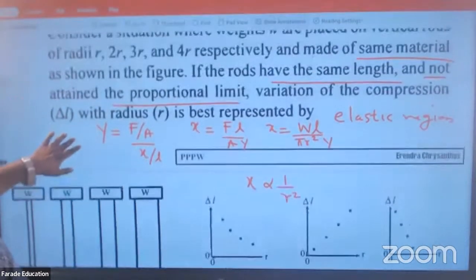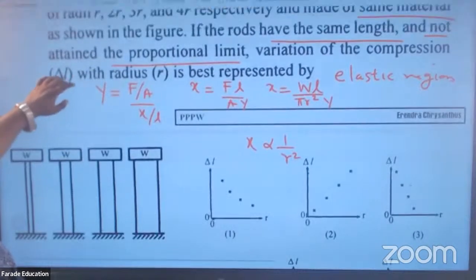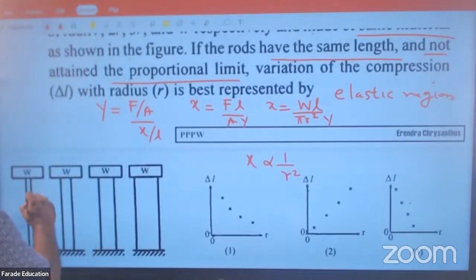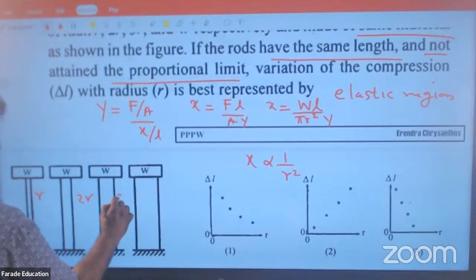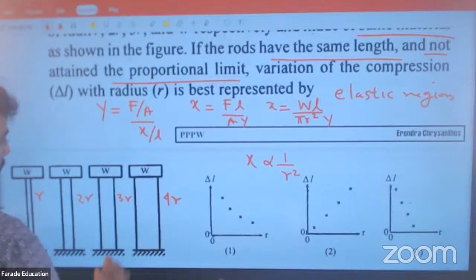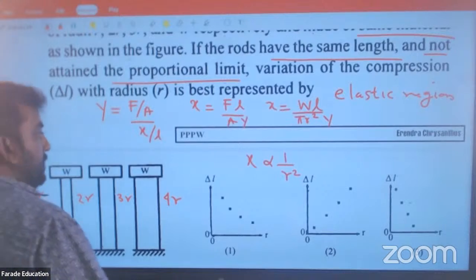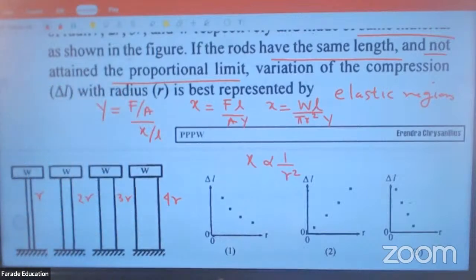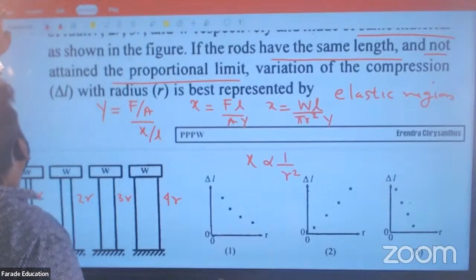Look at this carefully. What are the radiuses? R, 2R, 3R, 4R. So you can see the variation is non-linear.